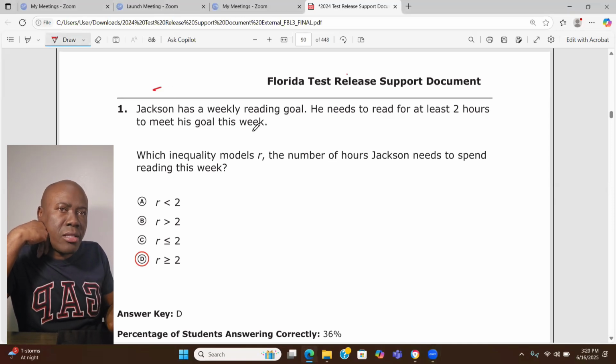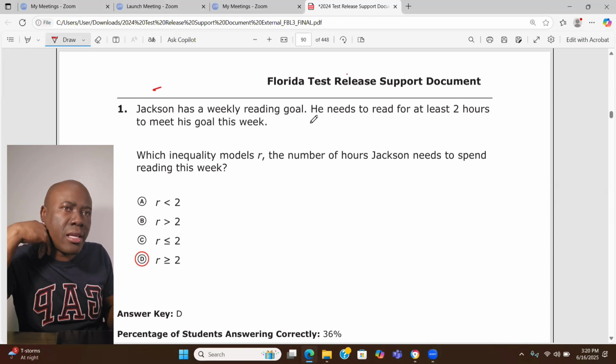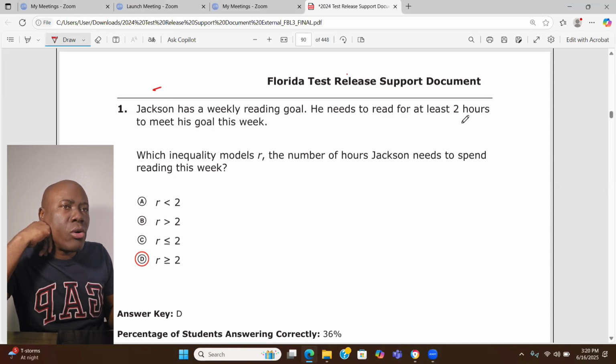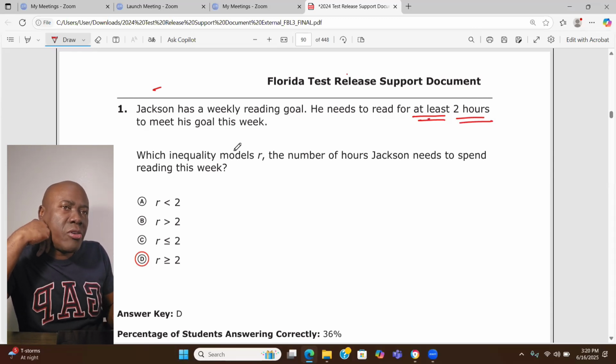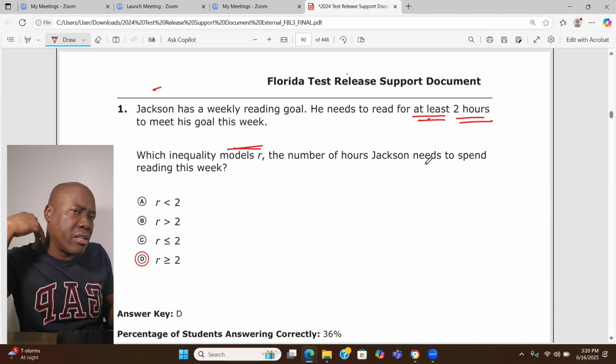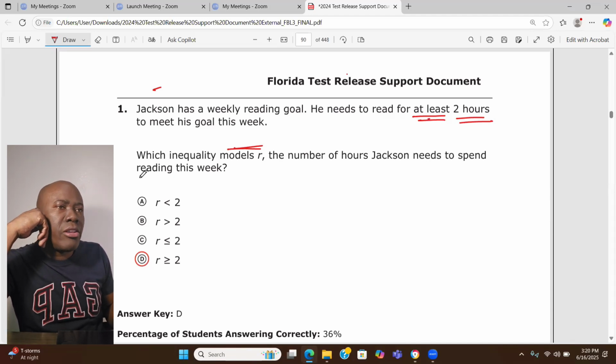So the first question says, Jackson has a weekly reading goal. He needs to read for at least, so here's the keyword, at least, 2 hours to meet his reading goal this week. Which inequality models R, and R is for reading, the number of hours Jackson needs to spend reading this week?